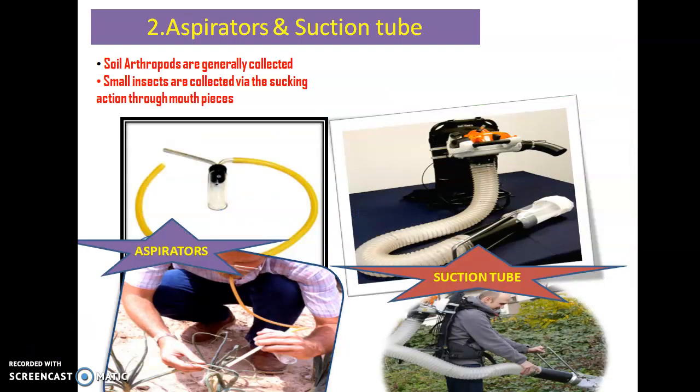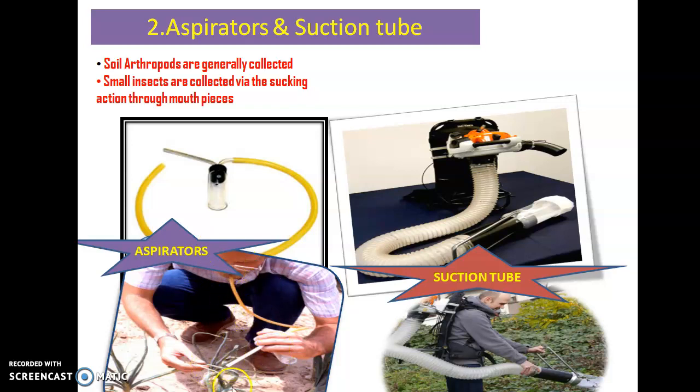And the second method is called aspirators and suction tube. Actually, smaller arthropods which are found in soils are generally collected by this method. And these are the 2 apparatus. This is an aspirator and this is a suction tube. The principle behind it is that by means of the sucking action through the mouthpiece, we are collecting soil insects.